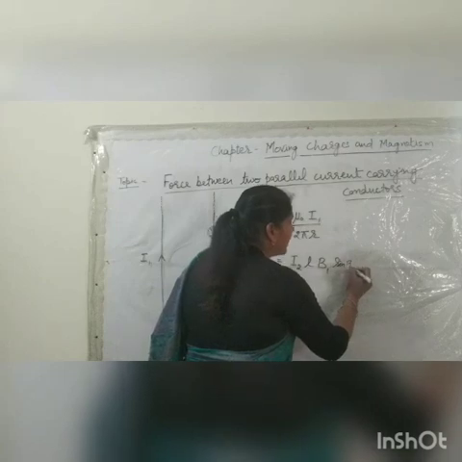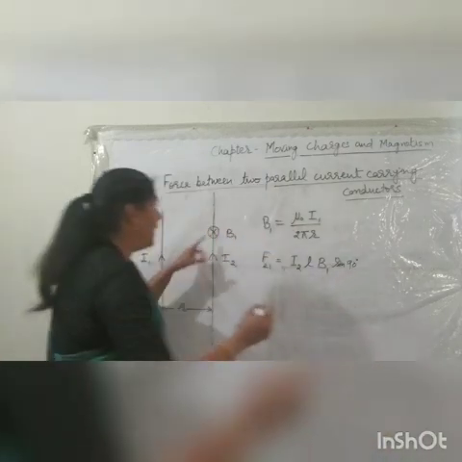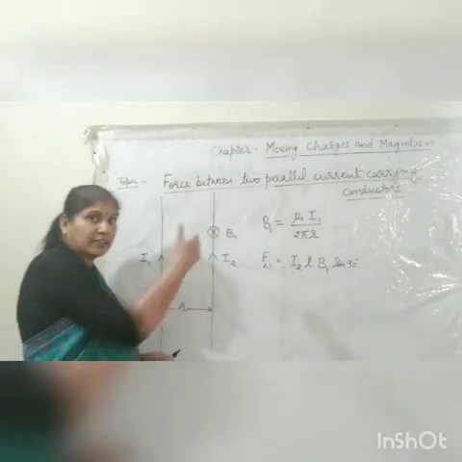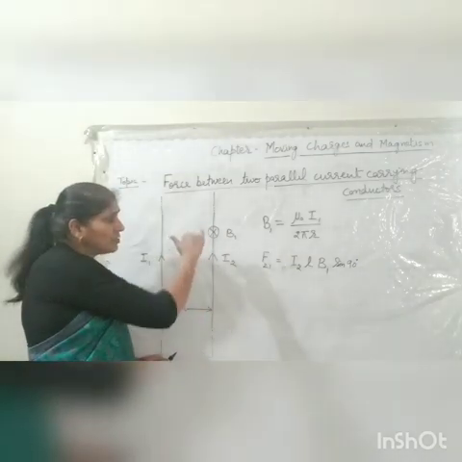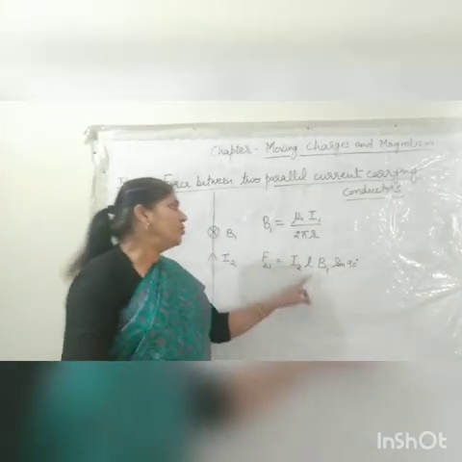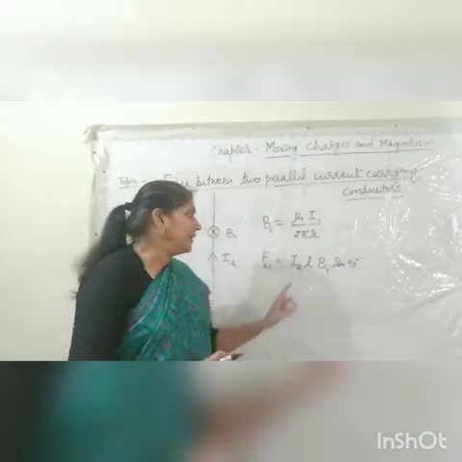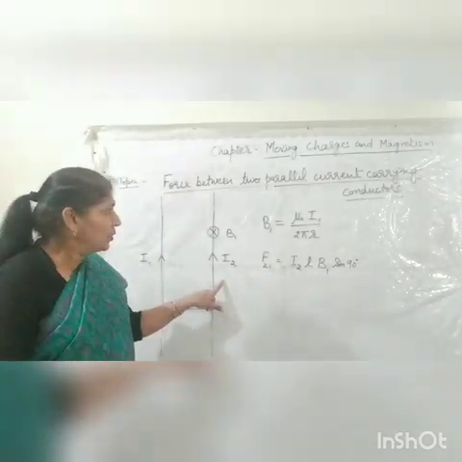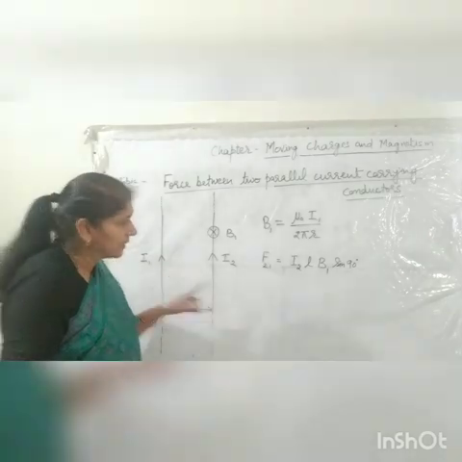Here, because the angle between the magnetic field and current I2 is 90 degrees, the magnetic field is inward and the current is upward, both of these make an angle of 90 degrees. So it is I2 L B1 sine 90 degrees. So this much force will be experienced by conductor 2 due to the current in conductor 1.